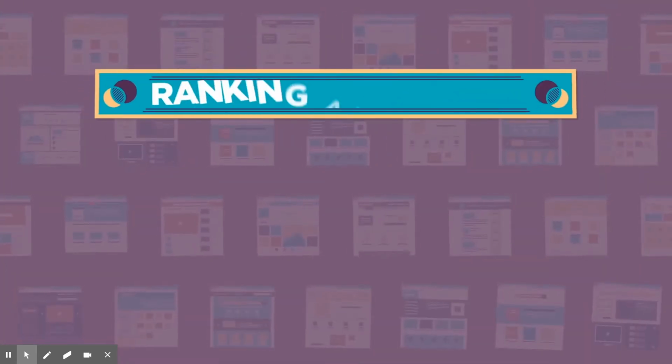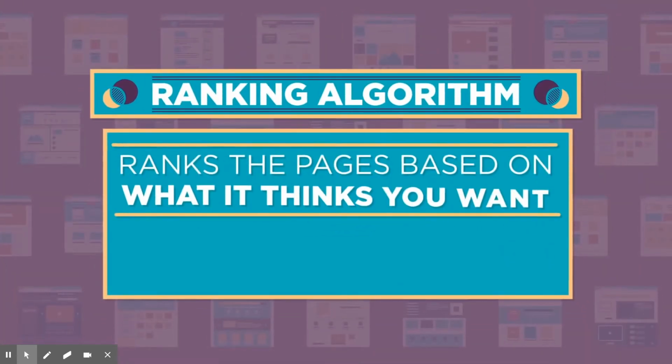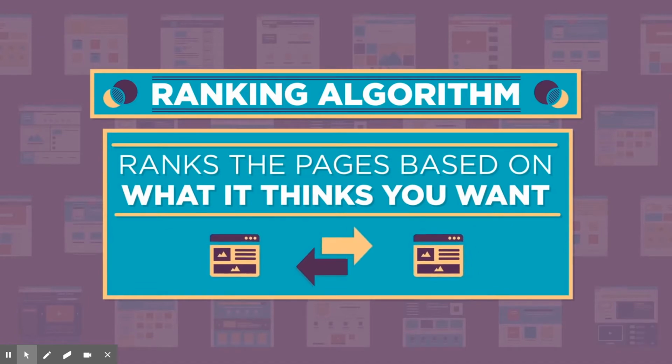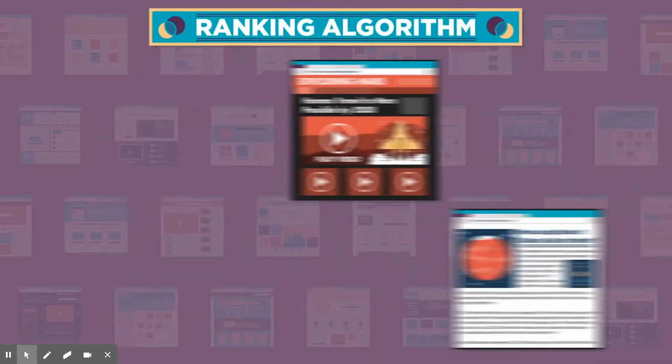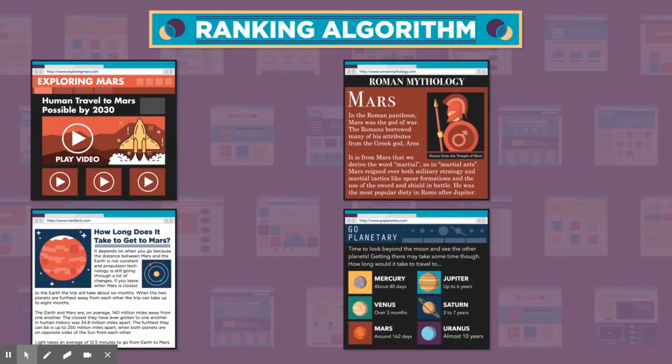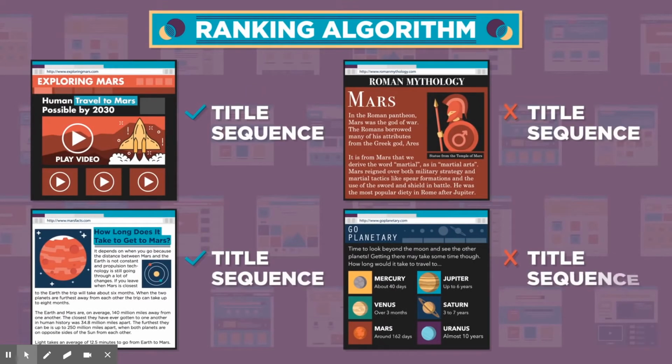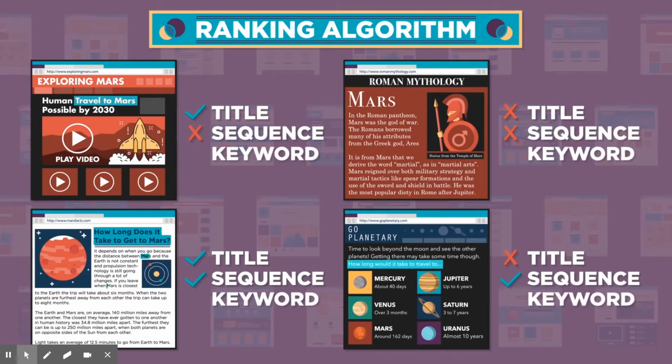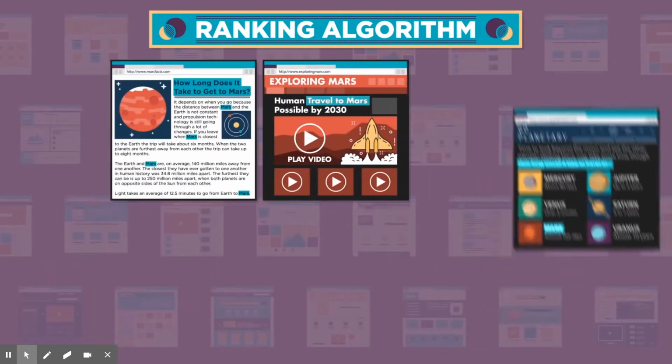Each search engine uses its own algorithm to rank the pages based on what it thinks you want. The search engine's ranking algorithm might check if your search term shows up in the page title. It might check if all of the words show up next to each other, or any number of other calculations that help it better determine which pages you'll want to see and which you won't.